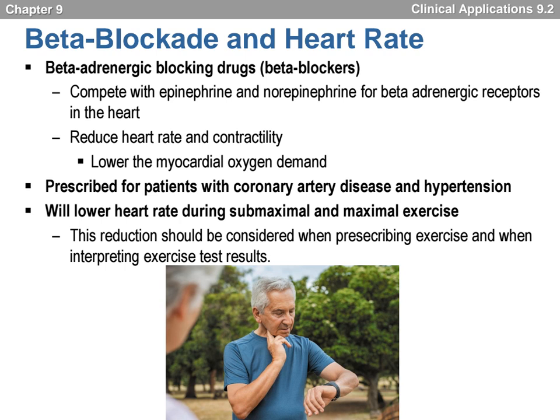But if this person is taking beta blockers, then their heart rate really couldn't get as high as you might expect based on their age. And also, if you were to test them with some sort of stress test where you gradually increase the exercise intensity, the beta blockers will actually inhibit changes in heart rate and contractility. So you may not see the results you'd be expecting.